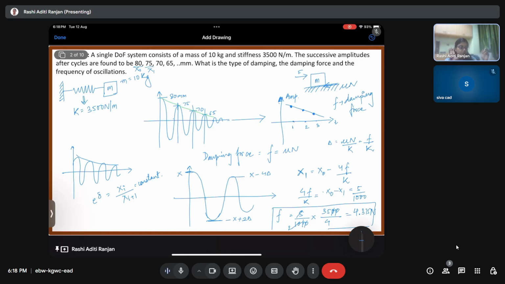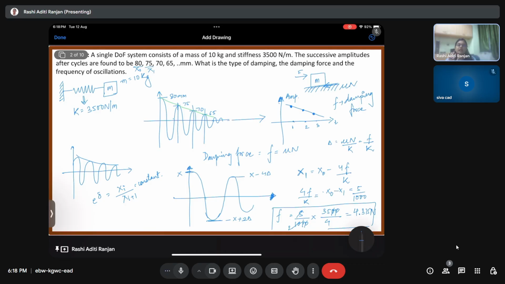Okay, so if you remember, while we were studying this graph, we also got to know that unlike the viscous damping case, where the time period of oscillation was actually the damped natural frequency, right? There was a relation to find out the damped natural frequency, which was dependent upon the natural frequency and the damping ratio.